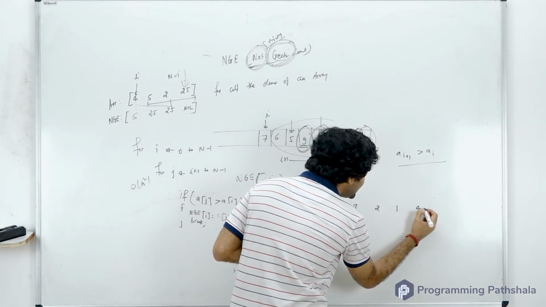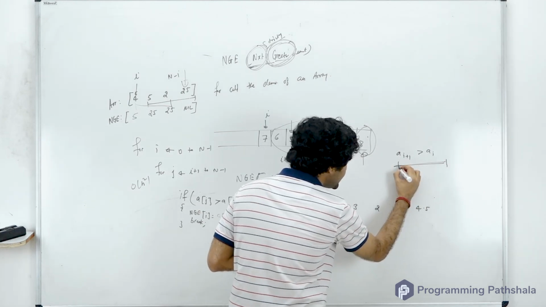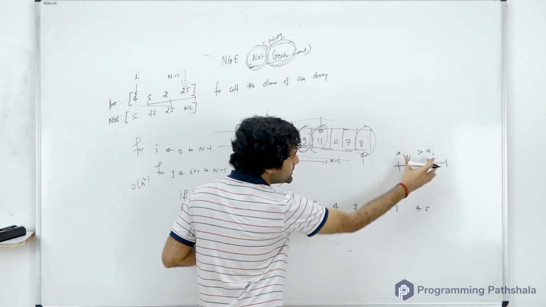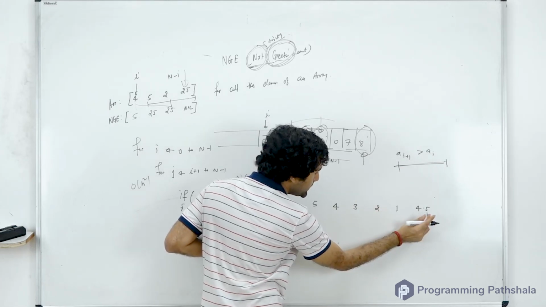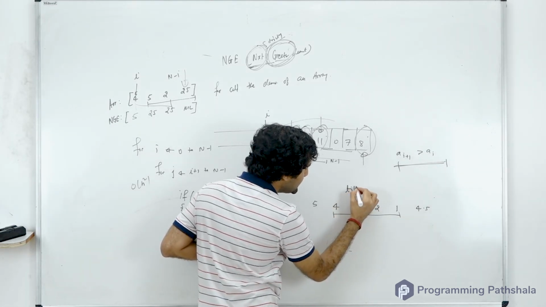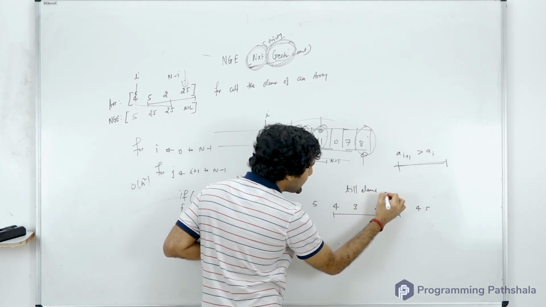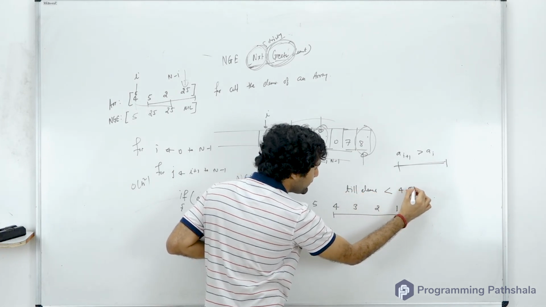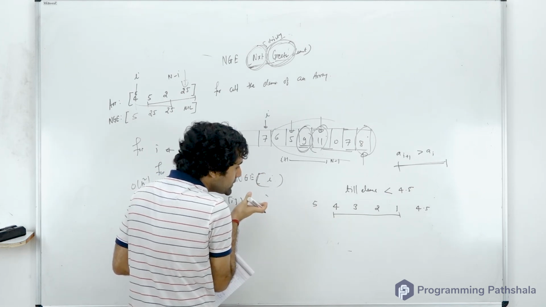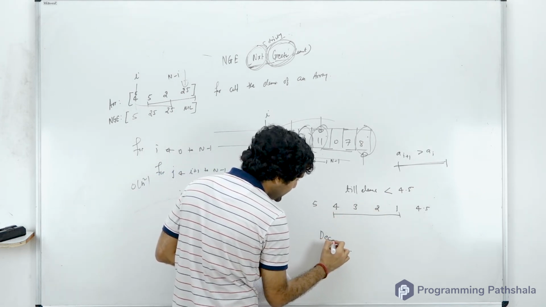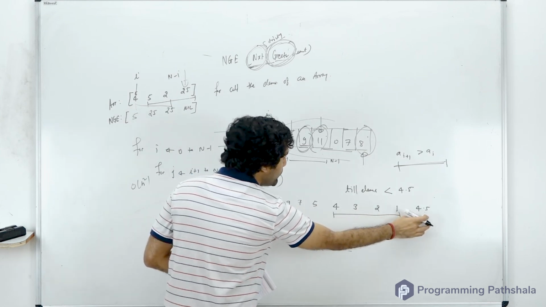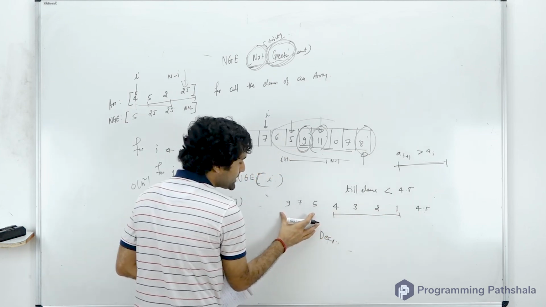And then the moment this situation happens, in the event of such situation, this thing can eat up from here and continue eating till the elements that it is getting are smaller than 4.5. And the moment it got something which is greater than 4.5, then because you have maintained it in decreasing order, everything before it will also be greater than 4.5. So 4.5 cannot be the next greater element.